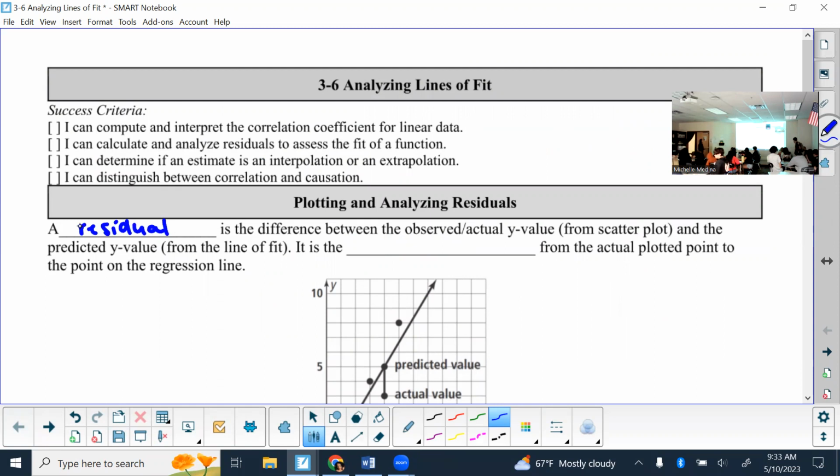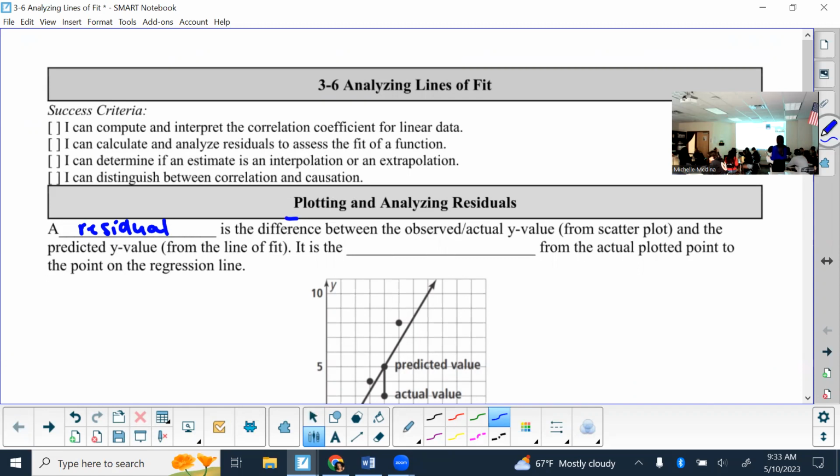is the difference. What does difference mean in math? Subtraction, so it's a subtraction problem. It's the difference between the observed or your actual y value, so that would be the dots on the scatter plot, and the predicted y value, which would be plugging into your line of fit.